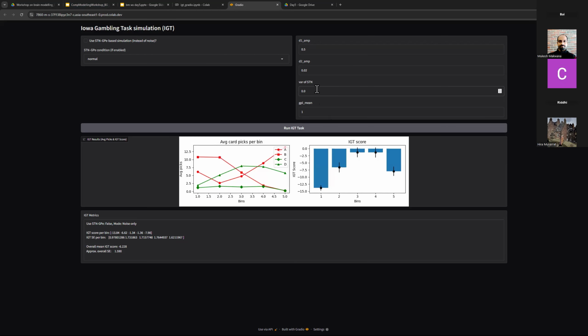Any more numbers you want to try? 0.1, 0.15, anything you want to put up? We'll go with 0.1. If anyone has any other numbers you want us to try, we can.